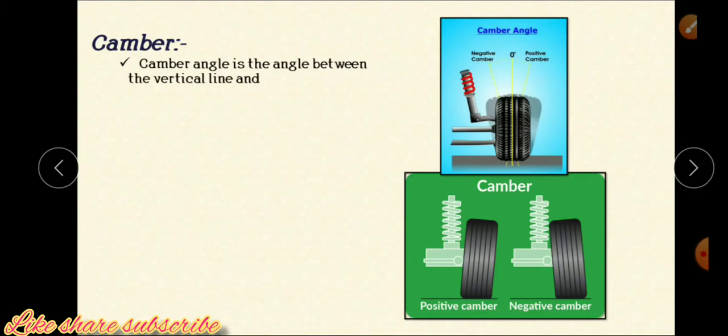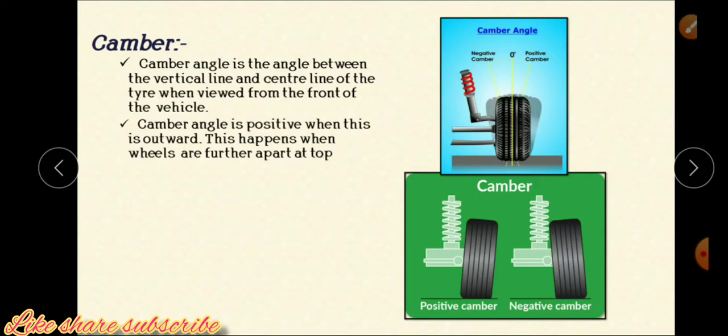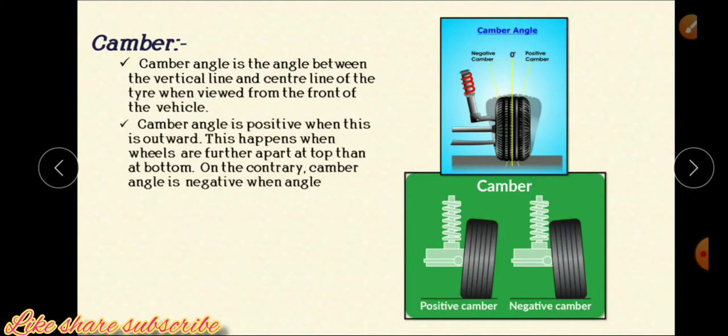Camber angle is the angle between the vertical line and the center line of the tire when viewed from the front of the vehicle. Camber angle is positive when this is outward, and this happens when wheels are further apart at the top than at the bottom.